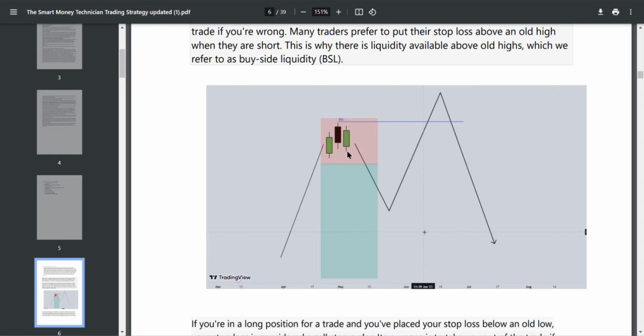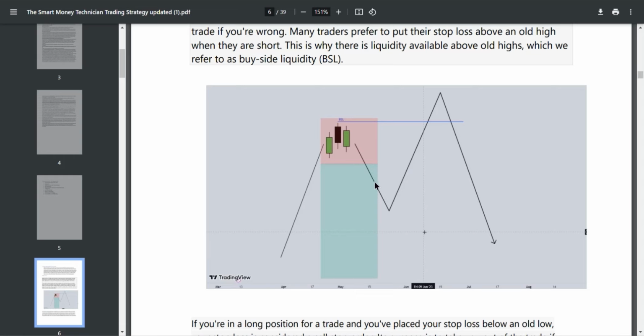In this case, which is a sell scenario, if the market maker wants to sell, they can't just sell because there may not be available buyers to buy from them as they sell.